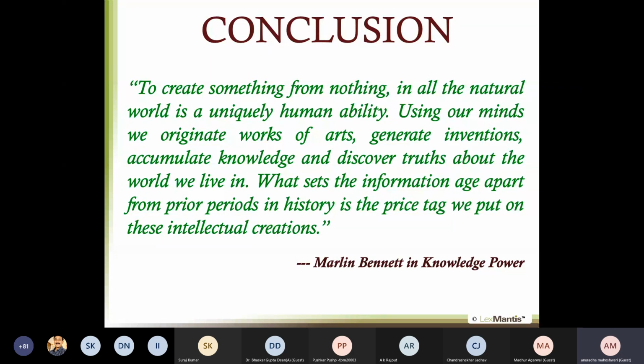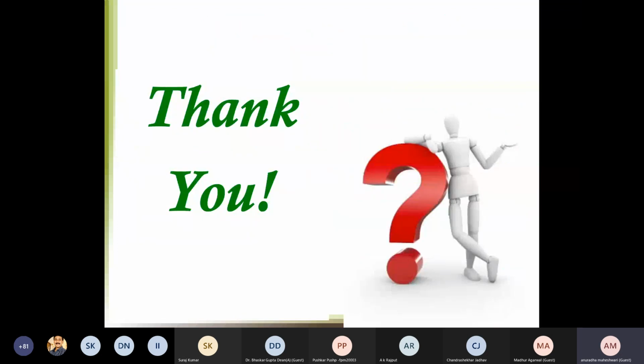What sets the information age apart from prior periods in history is the price that we put on these intellectual creations. Your intellectual property, that's for you to take a call.